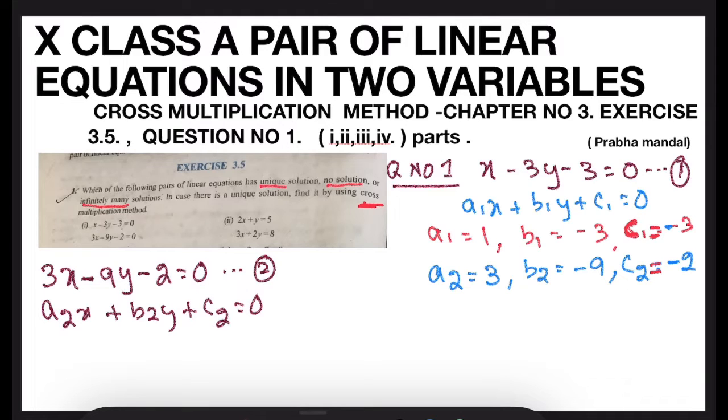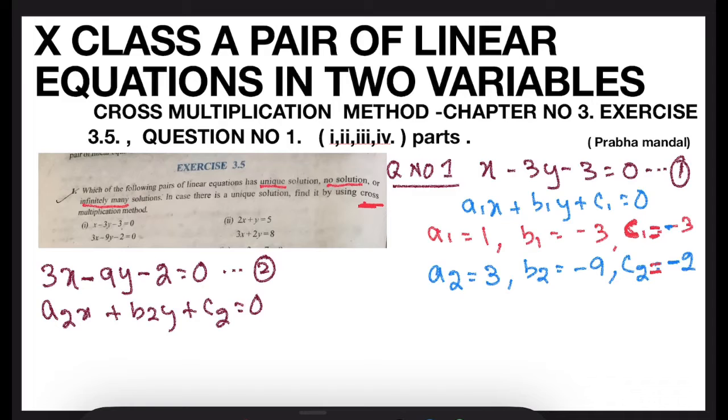You should not do it in the elimination method or substitution method. If you do, the answer will come the same, but the method is wrong, so you will not get any marks. Whatever method he says, we have to follow it. Here he is saying cross multiplication method, so we have to follow it.